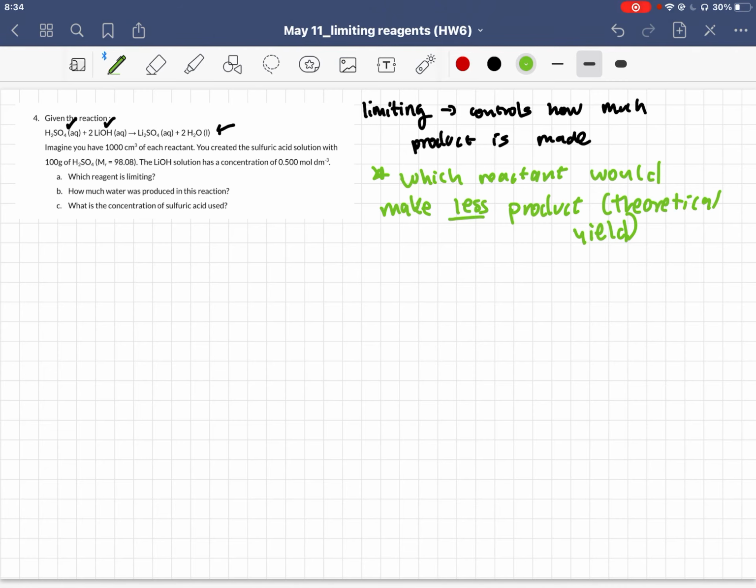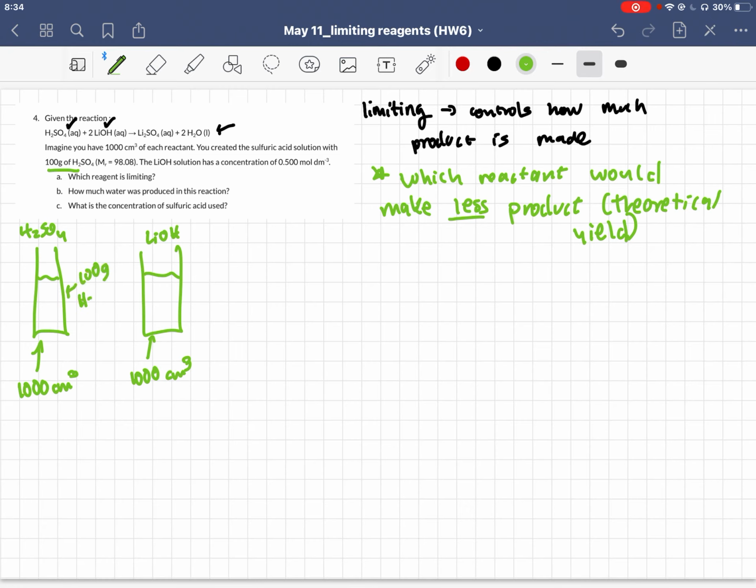All right, so I get a little bit of information about each reactant. I know that I have two aqueous solutions. Both of them are 1,000 cubic centimeters. H2SO4, LiOH. Sulfuric acid has 100 grams of H2SO4.